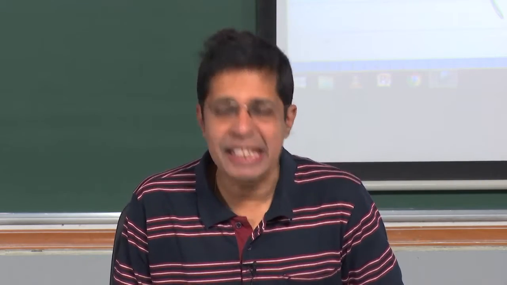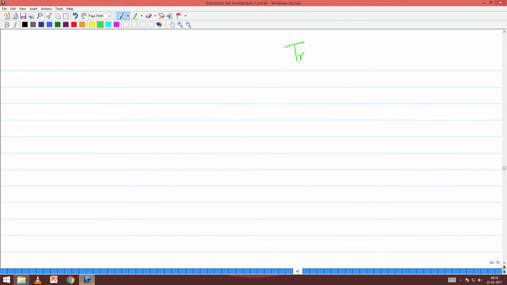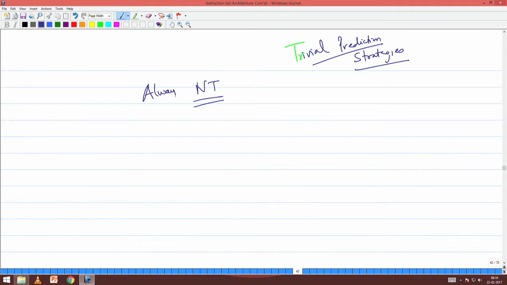Now what is more pending in branch prediction is how we arrive at the prediction data. Let us take some trivial prediction strategies. Suppose I say always it is not taken. What will happen?